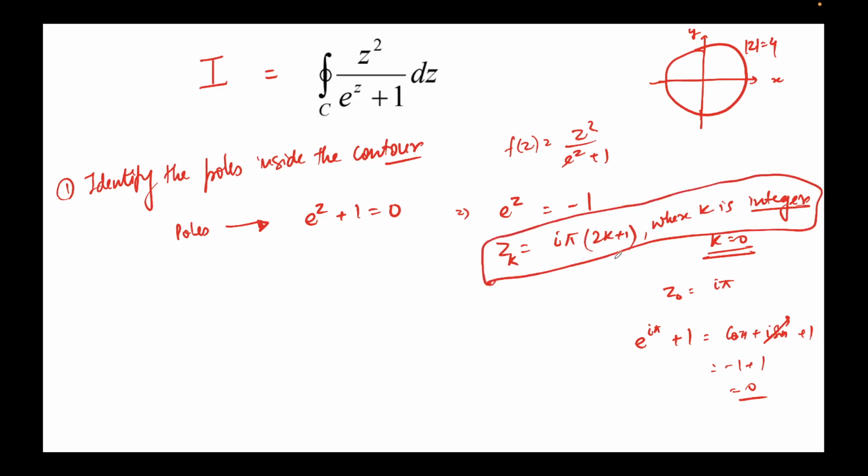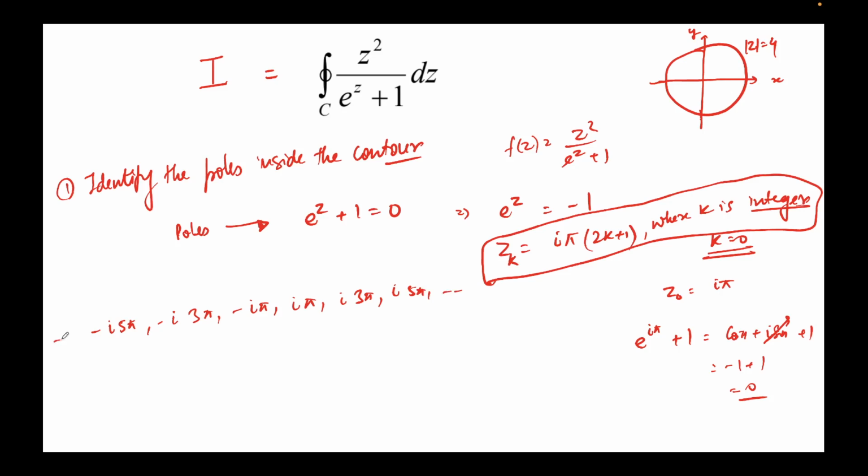Now, that's not the complete picture. We need to identify the poles that are inside the contour. So I'll write the values of some of the poles: minus iota 5 pi, minus iota 3 pi, minus iota pi, iota pi, iota 3 pi, iota 5 pi, and so on.